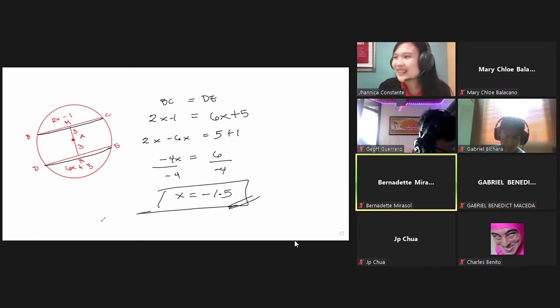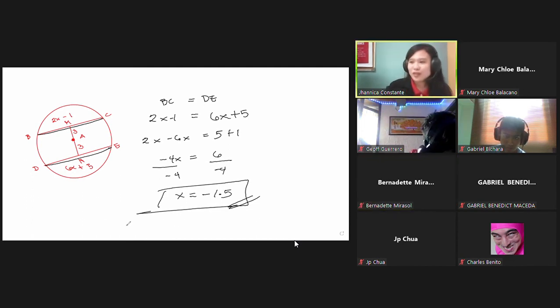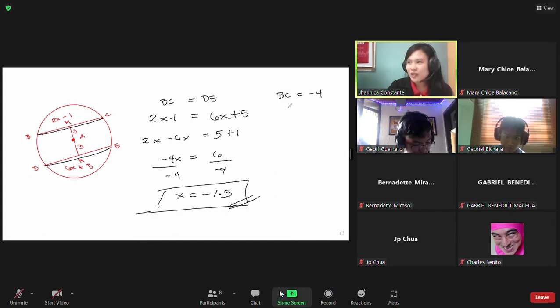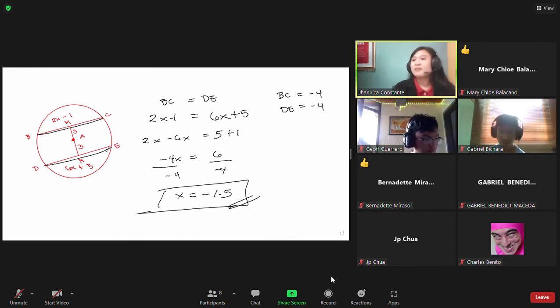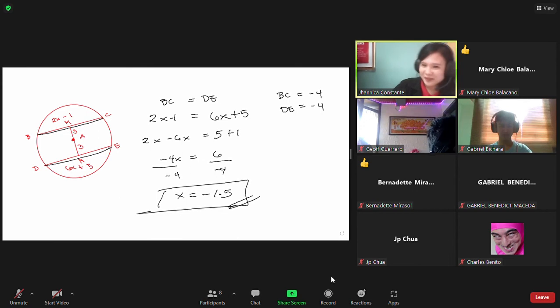Negative 4. According to Bernadette, it's negative 4. Chord BC is equal to negative 4, the same with our chord DE, which is also equal to negative 4. Is that right? 2 times negative 1.5 is negative 3, and negative 3 minus 1 is equal to negative 4.